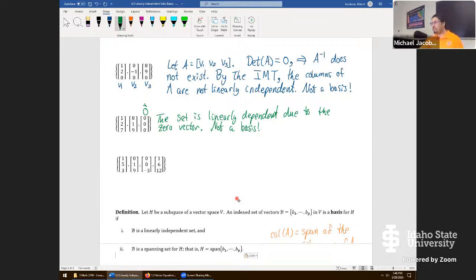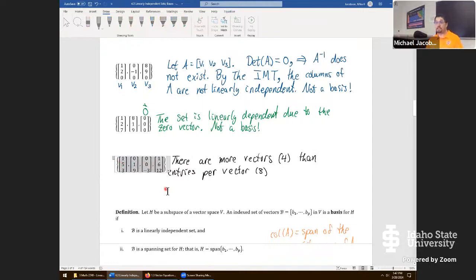Exactly. I think the theorem that most people would think about when they see this is a statement that goes along these lines. There are more vectors, 4 of them, than entries per vector, 3 of them. And then like you were saying, whenever that happens, if you set this as a matrix equation equal to 0, there's a free variable just guaranteed.